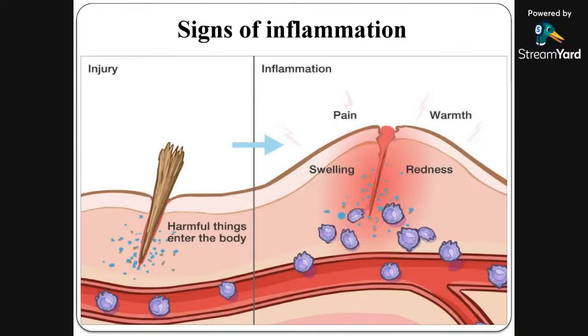Swelling is caused by accumulation of fluid, damaged tissue, and blood cells at the affected area. Dolor or pain: direct injury of nerve fiber, or blood collected outside the blood vessels causes pressure, leading to pain on the nerve endings. Increased pain, swelling, and decreased activity cause loss of function.